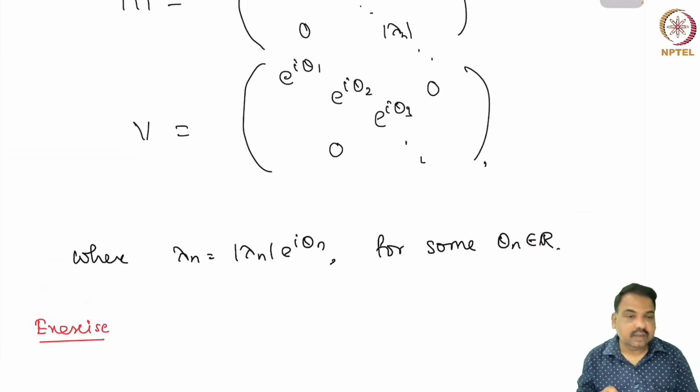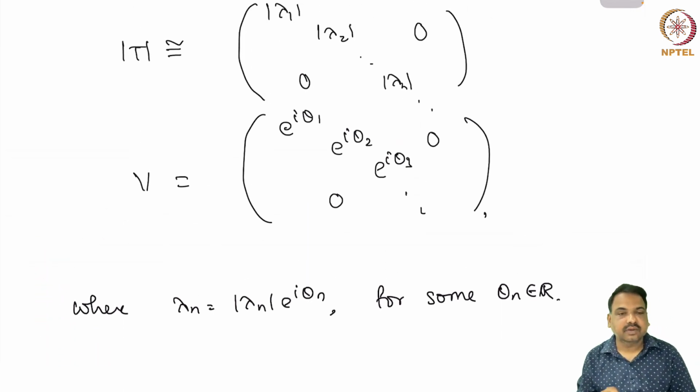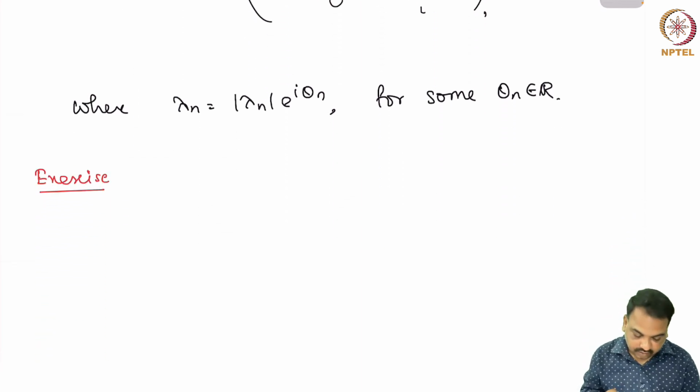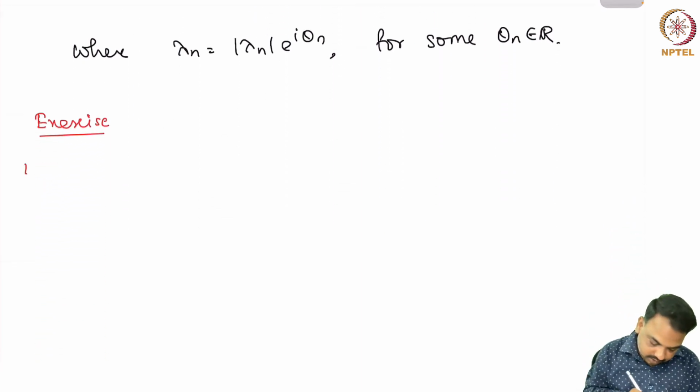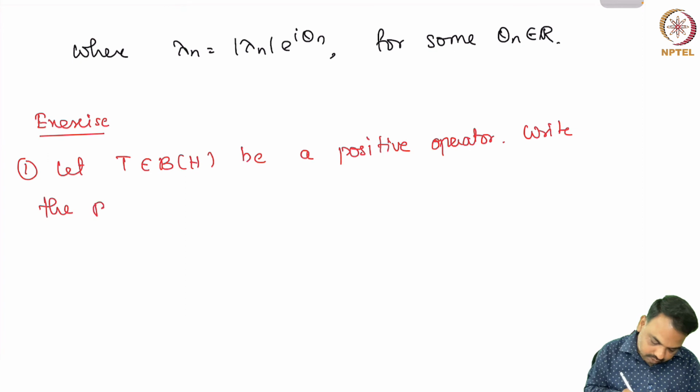Whenever you write a polar decomposition, you have to check that the null space of |T| equals the null space of V. So let T be a positive operator. Write the polar decomposition.